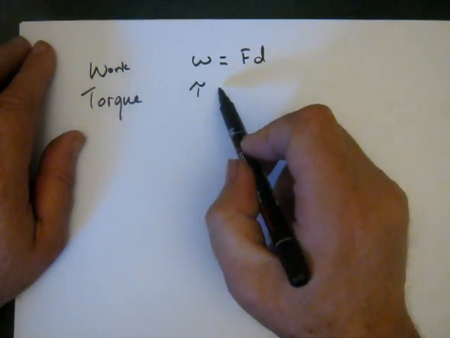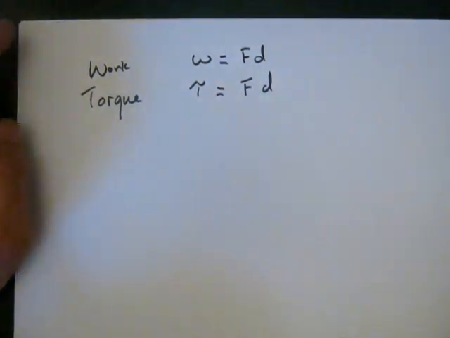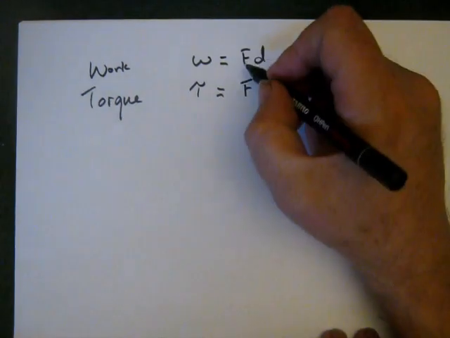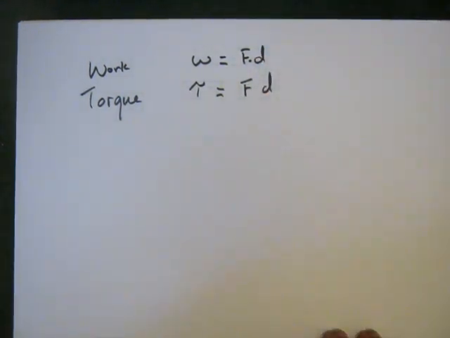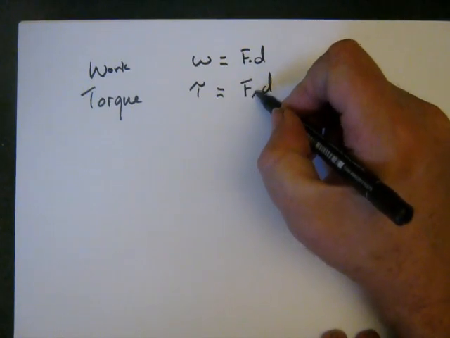The torque equals force times distance. Now, if you think about it for a moment, those are not the same thing. Applying a torque to something is not the same as doing work. So what's the difference? And the answer is that work is a dot product, and torque is a cross product.